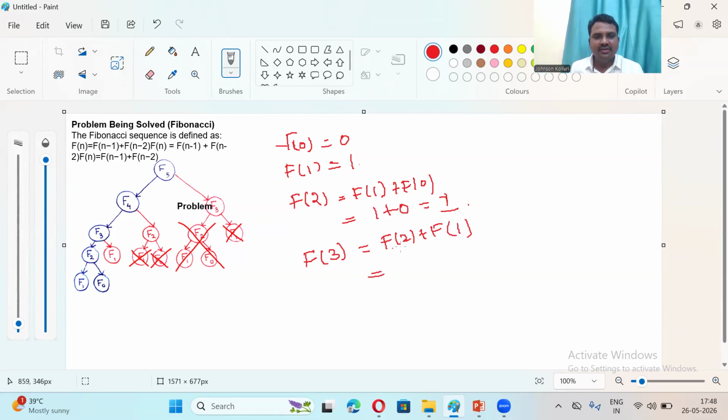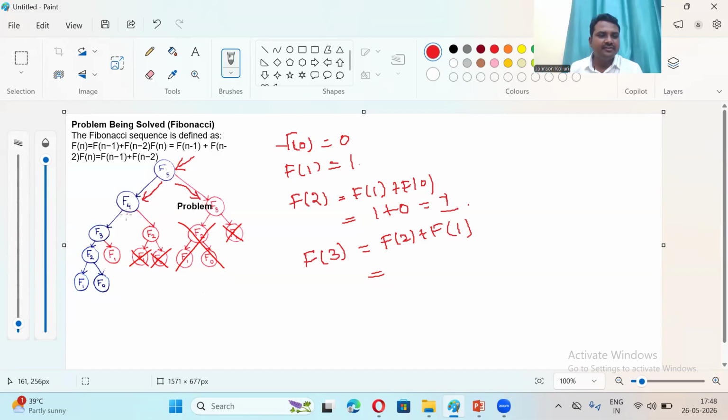Here you can see this is F5. F5 is recursively called: f of n is equal to f of n minus 1 plus f of n minus 2. That means f of 5 is calling f of 4 and f of 3.